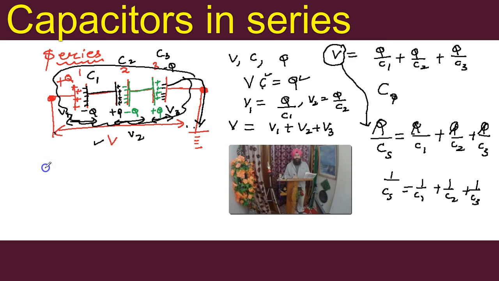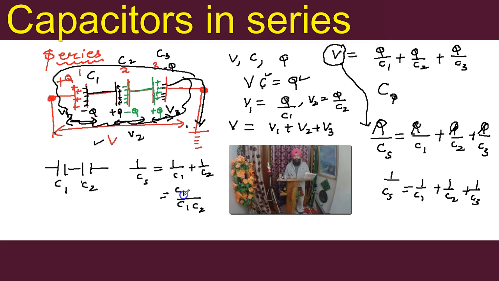I mean to say, if two capacitors C1 and C2 are in series, then 1 over CS equals 1 over C1 plus 1 over C2, or you can say CS becomes C1 C2 upon C1 plus C2.